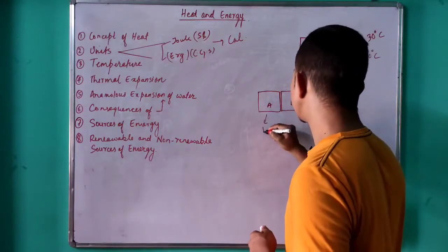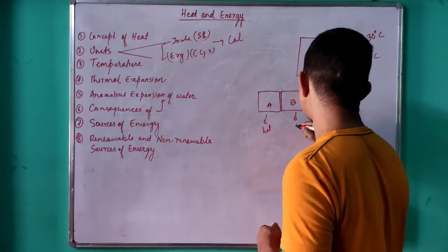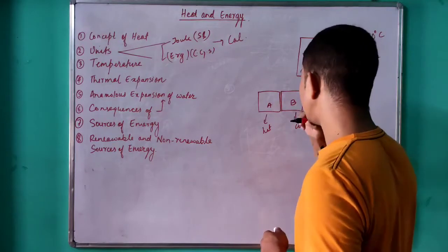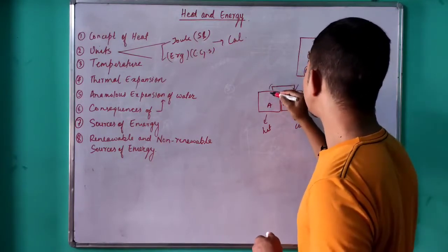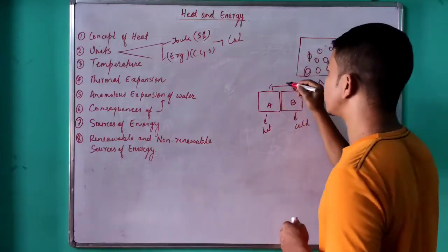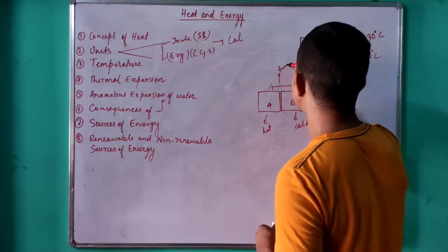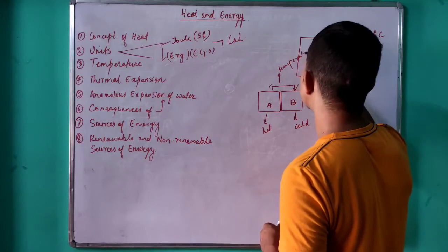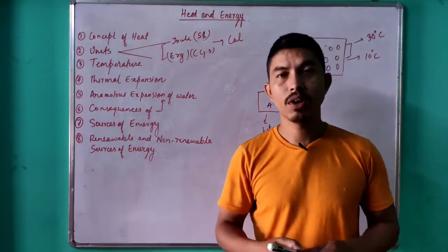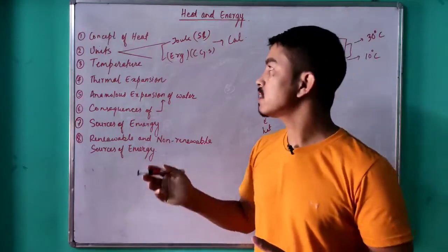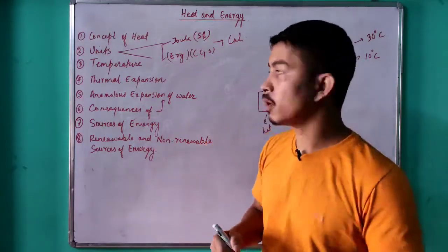Suppose in this case A is hot and B is cold. So the heat will flow from A to B. The parameter that tells us in which direction the heat will flow is said to be temperature. So temperature is a parameter that tells us the direction of flow of heat, or simply we can say temperature is the hotness or coldness of a body.